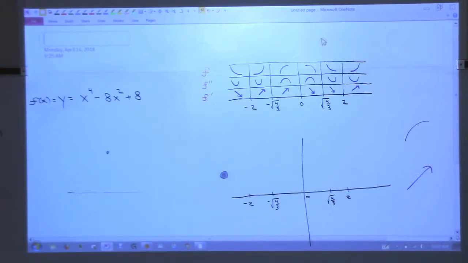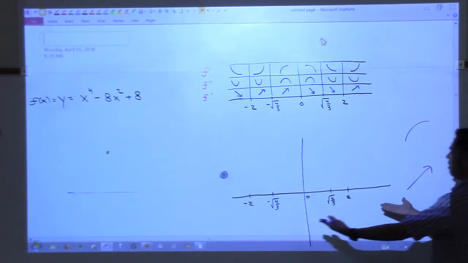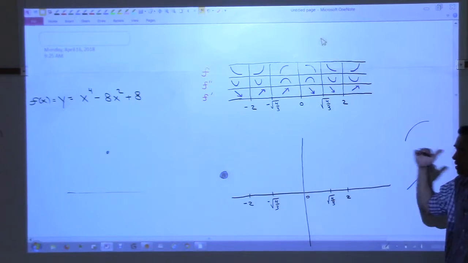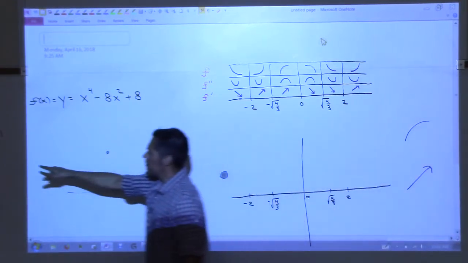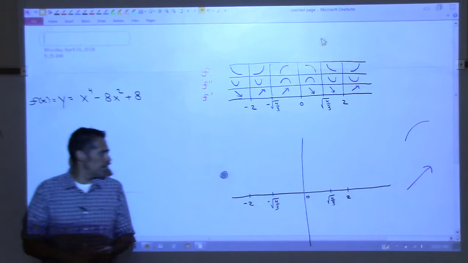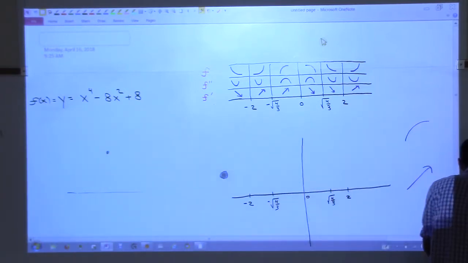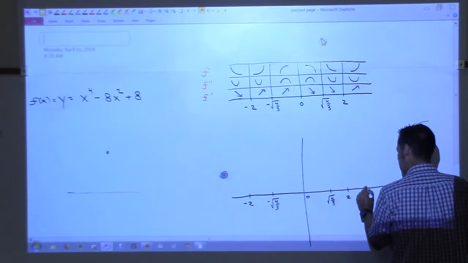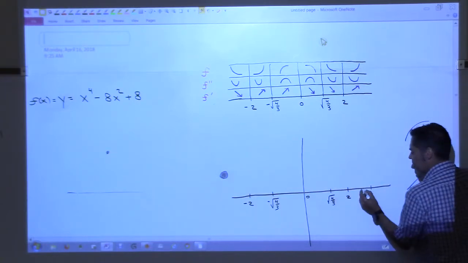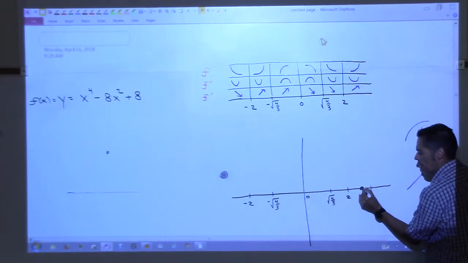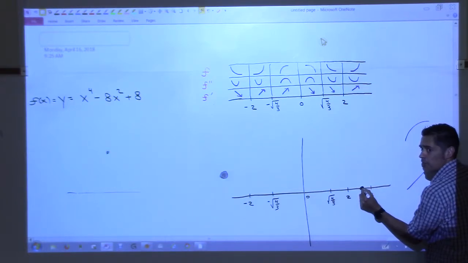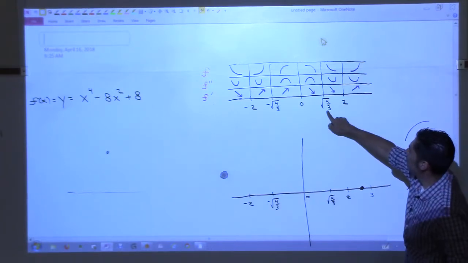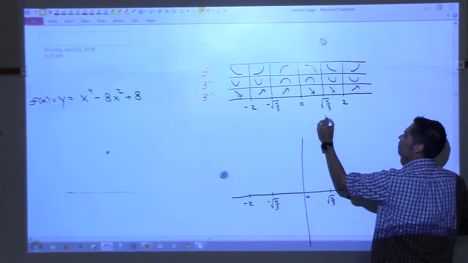All right, now we get to put it all together. We've got our table, and we get to do our graph. Here's our x and y axis. Let's start at the beginning. We had some x-intercepts, didn't we? 2.6 and 1.1. Let's add some more detail. If this is 1, this is 2, maybe this is 3 here. So 2.6, I have a point here. And what was this one again? 1.15?